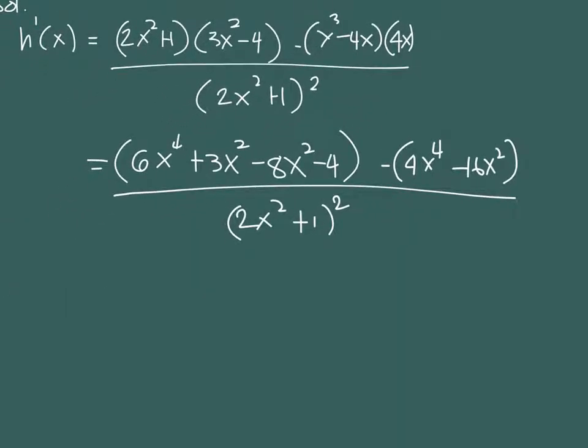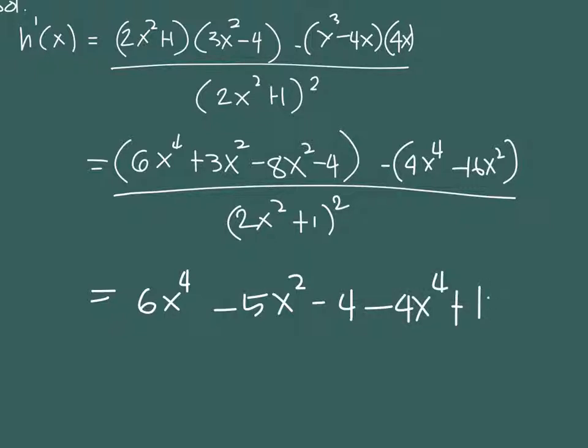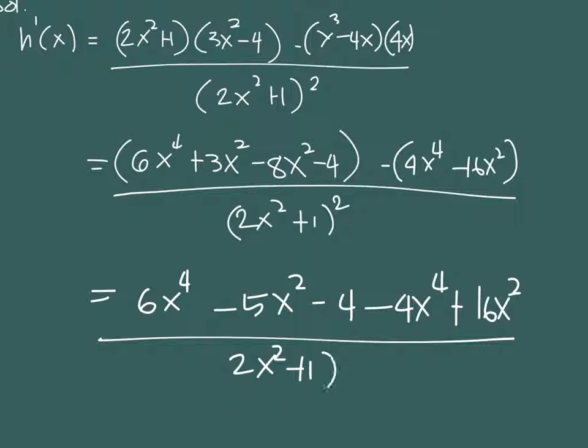So this will become, isulat muna natin, 6x to the 4th plus 3x squared. Let's simplify 3x squared and 8x squared, minus 5x squared minus 4. Remove the parenthesis in the second. That becomes minus 4x to the 4 plus 16x squared again. Copy 2x squared plus 1, which is squared.